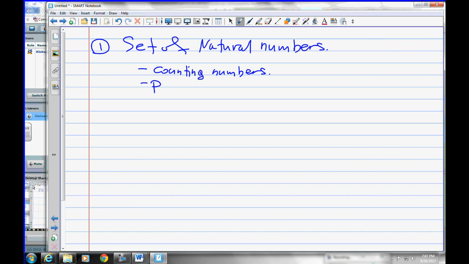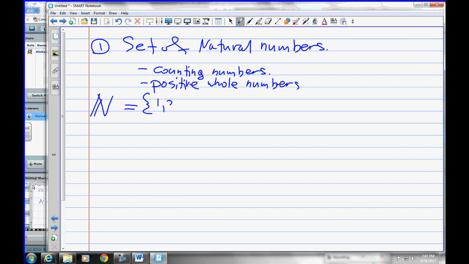Positive whole numbers. So we use a special letter, capital N, with kind of a twist, a double-legged N. Your book will just make a big capital N, but in some books they use that notation.